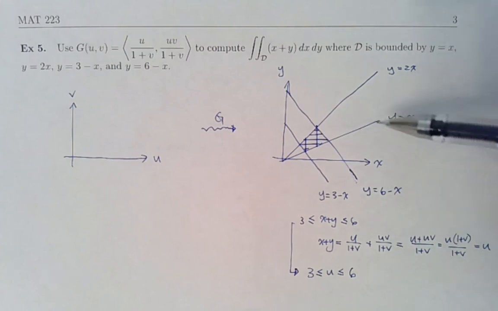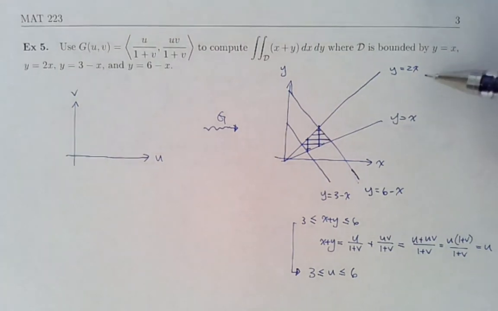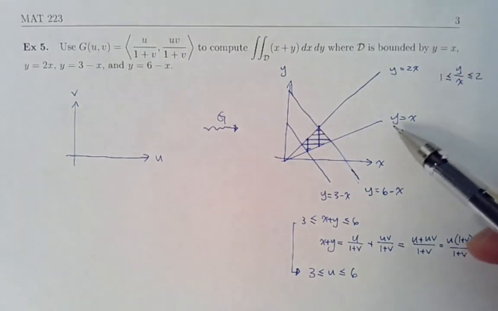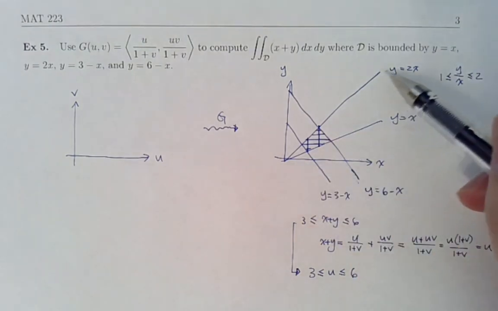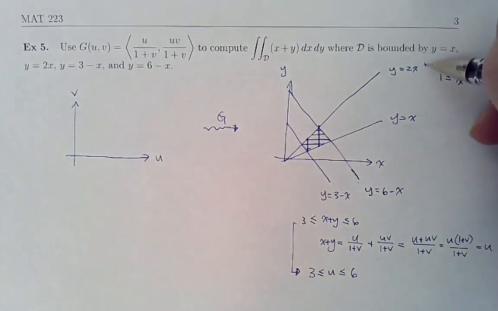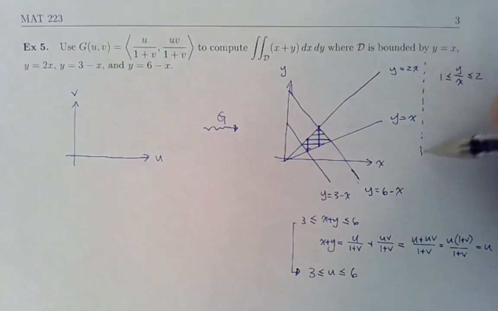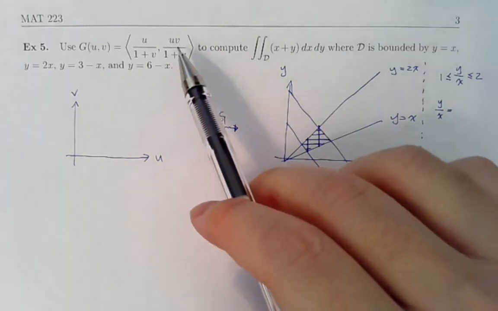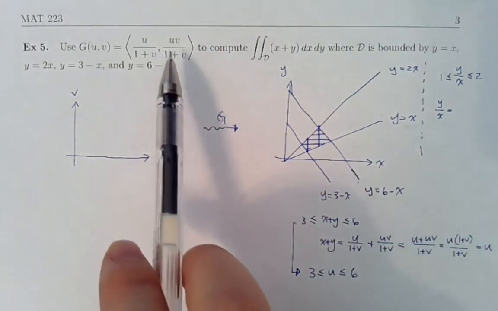Now let's hope the y equals 2x and y equals x thing is just as easy. So over here, we see that y divided by x is between 1 and 2. This line is y divided by x is 1. This line is y divided by x is 2. So let's calculate y over x. Well, we should be able to just see this directly.